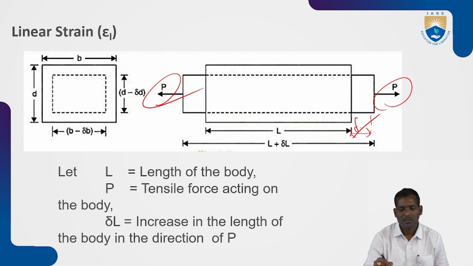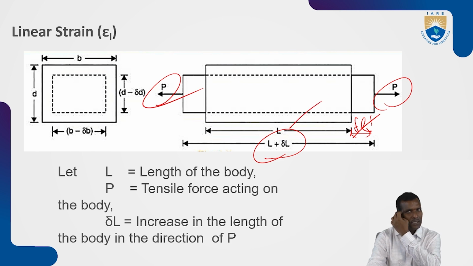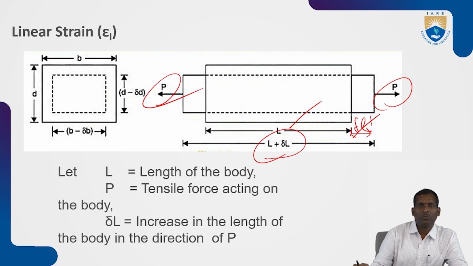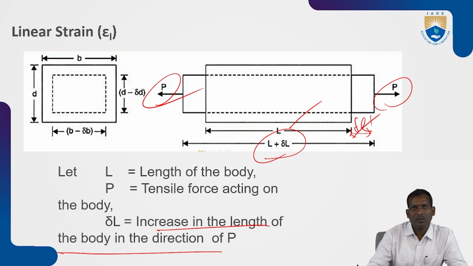This is delta L. Suppose the total length is now L plus delta L. So the original length of the body is L, and delta L is the increase in the length of the body in the direction of P. The P is the tensile force acting on the body, and L is equal to the length of the body.